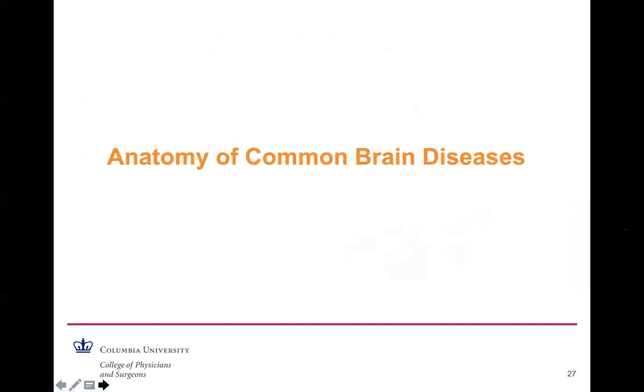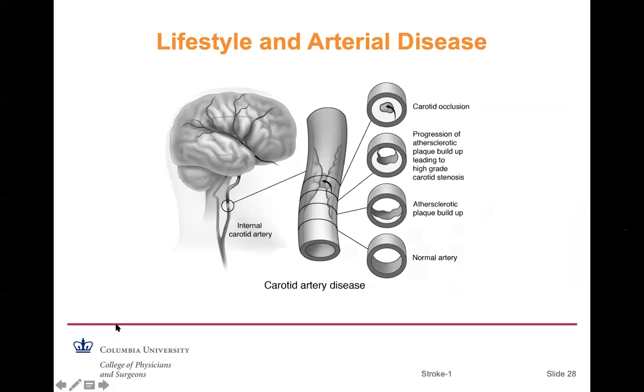So let's talk about the anatomy of some common brain diseases. First of all, I just want to mention that the lifestyle we lead can cause a lot of different types of brain diseases, especially those that are mediated by the arteries.